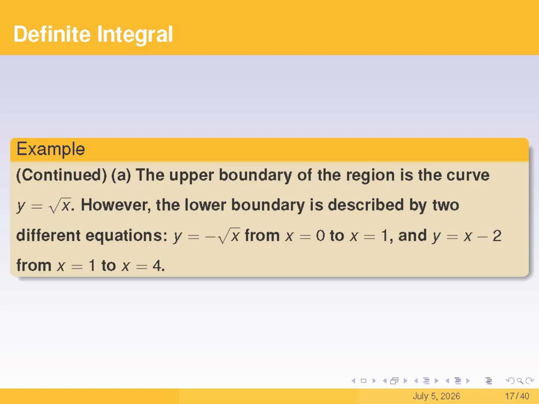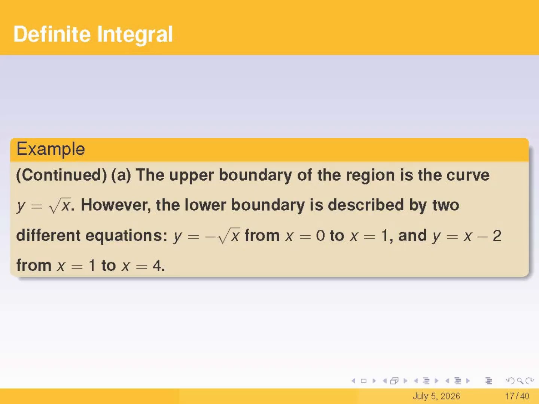First, let's look at how to integrate with respect to x. To start off, we need to figure out what our upper and lower boundary functions are. Looking at the graph, if we integrate with respect to x, our limits go all the way from 0 to 4. So, in this interval, the upper boundary function is y equals the square root of x, which we get by solving for y in the curve x equals y squared.